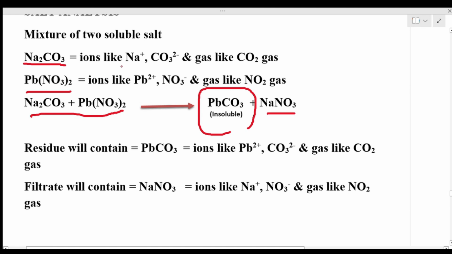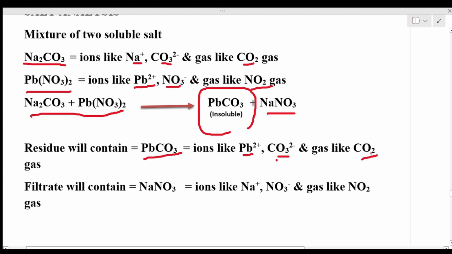Now look at the possible ions you might have. You might have these ions, and you can have this gas. But when they react together, and we are to filter, that means we will have this one that is insoluble as a residue inside the filter paper, and the possible ions are Pb2+, CO3 2-, and the possible gas is CO2 gas.